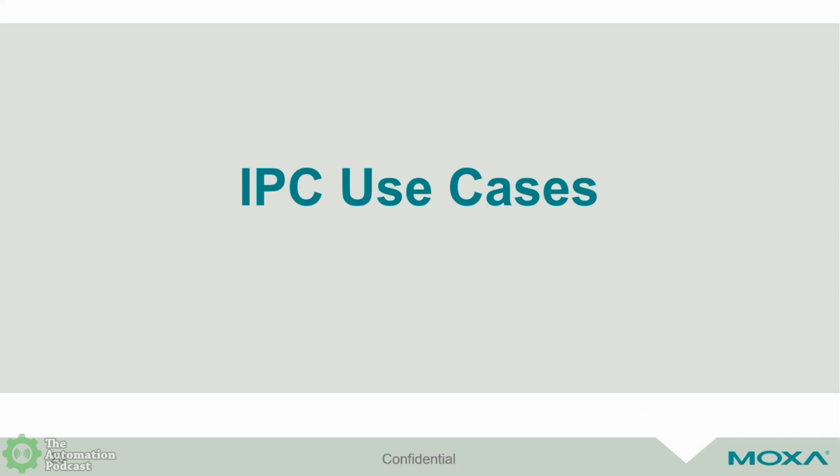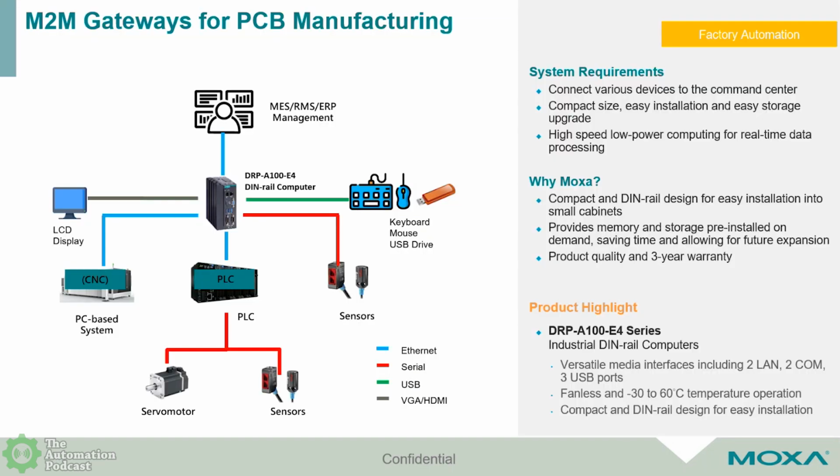Now I want to go over a couple of use cases, just to show the audience where these industrial box, rack mount, or DIN rail type computers are being used today and could be used. PCB manufacturing is one of the things I picked. You see the computer, a DIN rail computer, right in the middle.